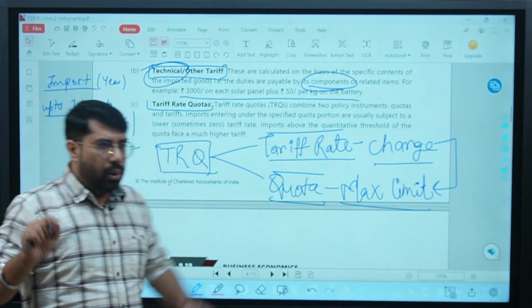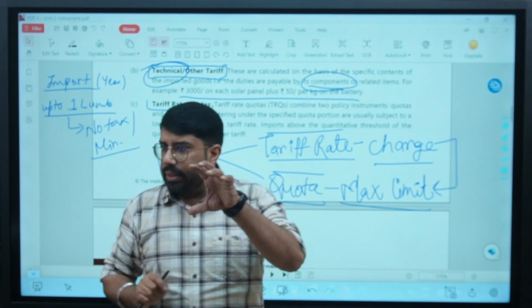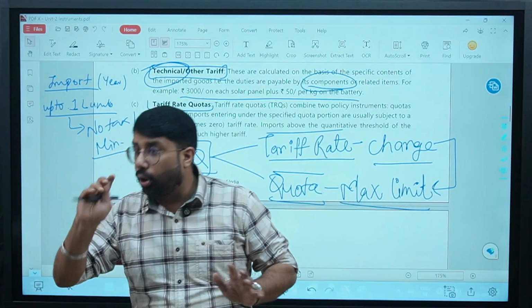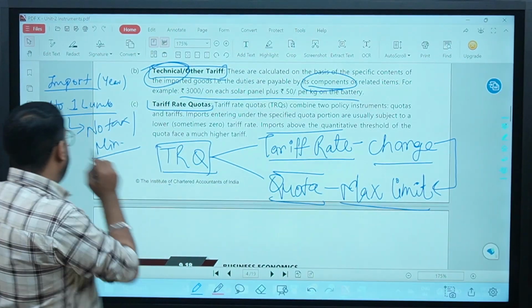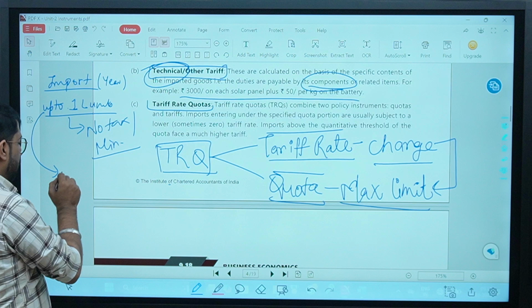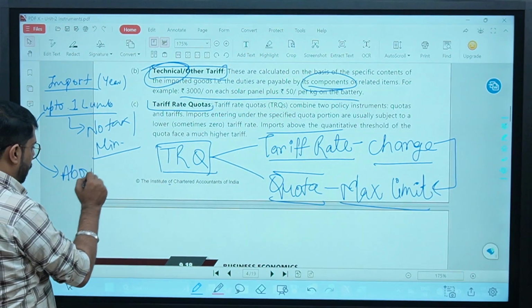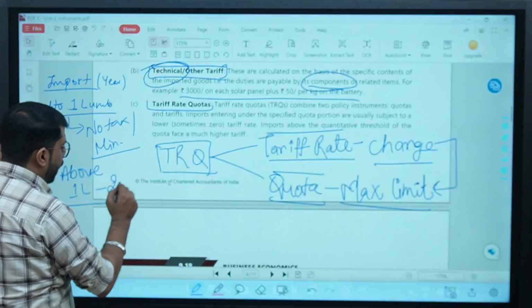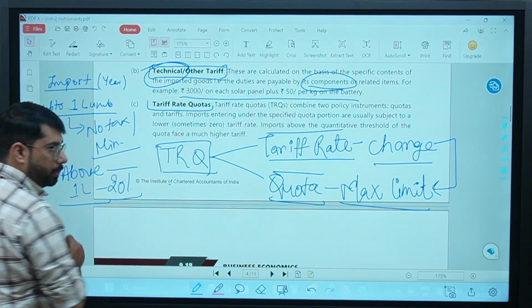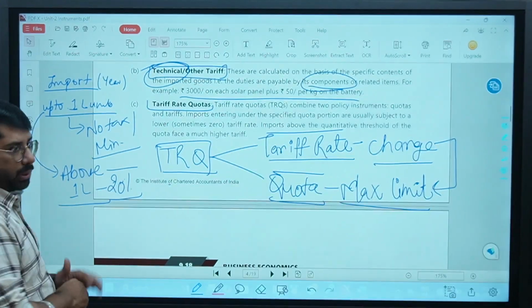Up to a particular limit, the tax will be very minimum, or there will be no tax at all. But the moment you cross this limit, above 1 lakh units in 1 year, you should pay 20% of the value. Now you see how it is working.